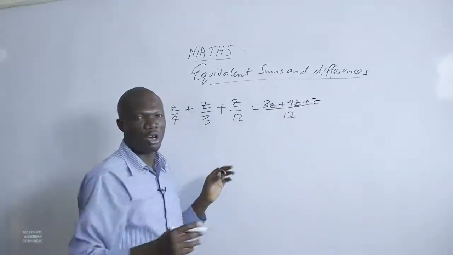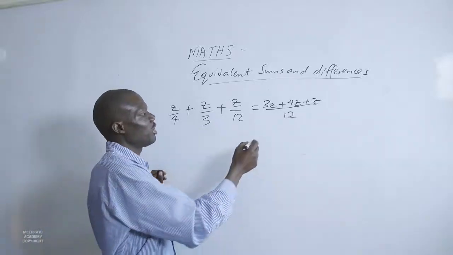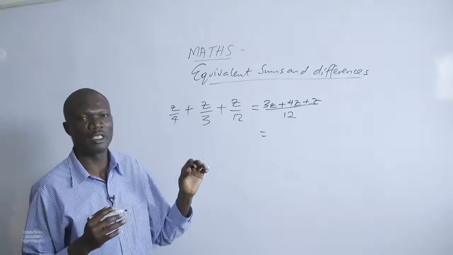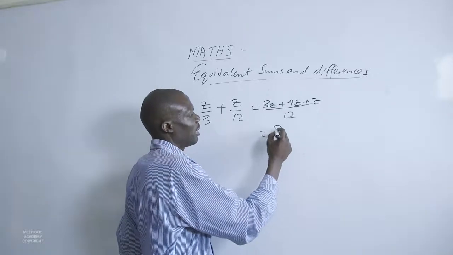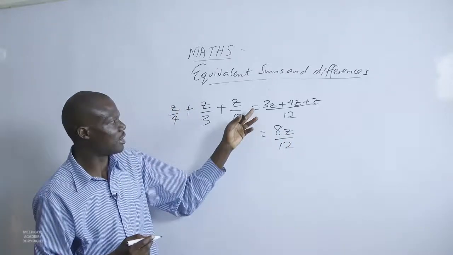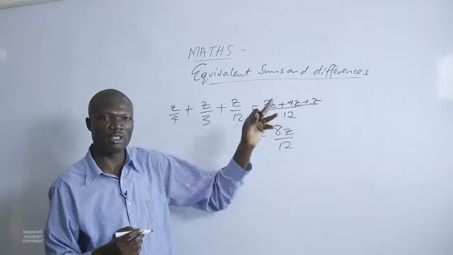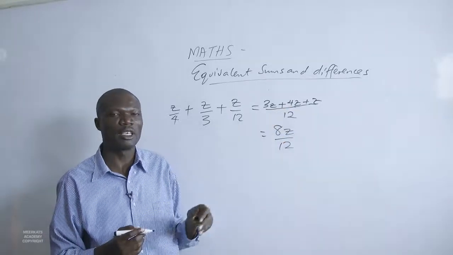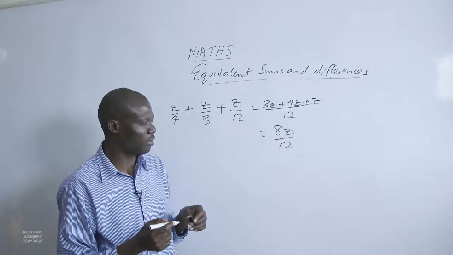What we have on the numerator are like terms, so bring them together. 3z plus 4z plus z will give us 8z over 12. That is 3z plus 4z is 7z, then plus 1z gives us 8z over 12.